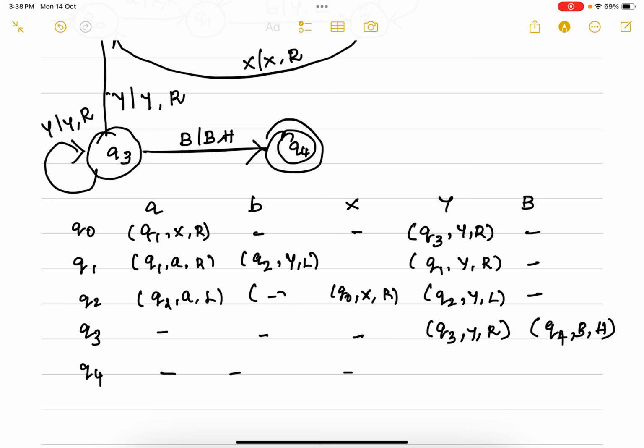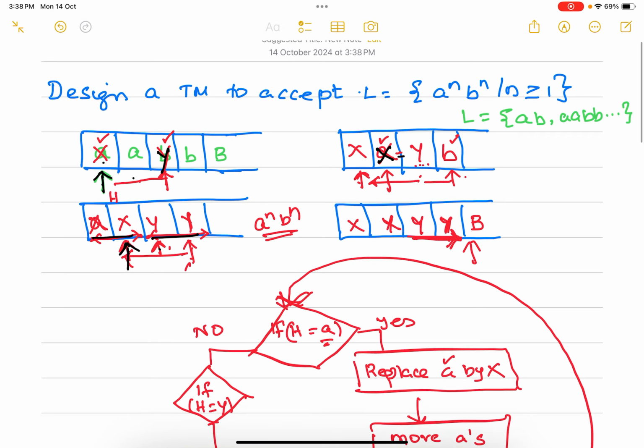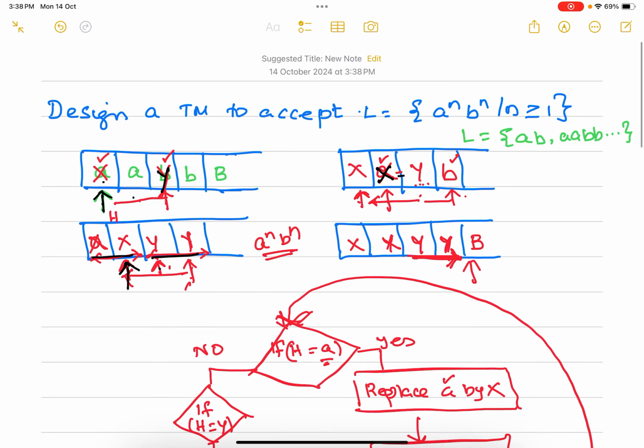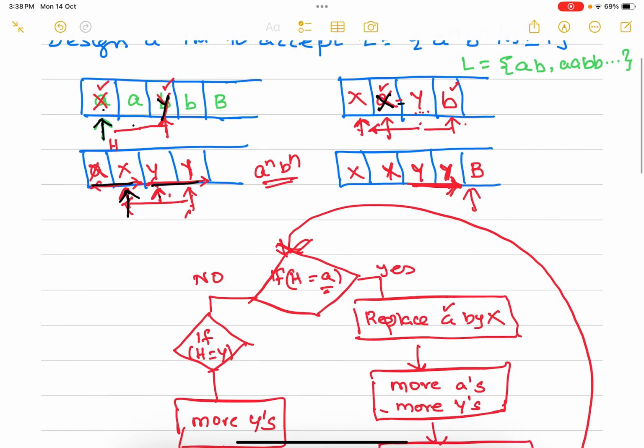For the final state there is no transition. Now this is going to be our transition diagram. Okay, I think I made myself clear in explaining how to design a Turing machine for the language L equal to a power n, b power n.